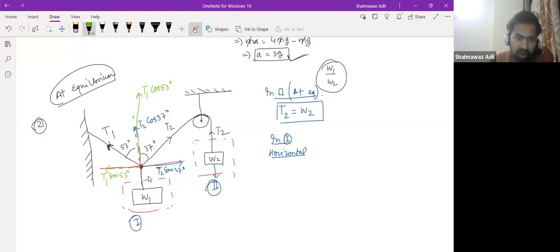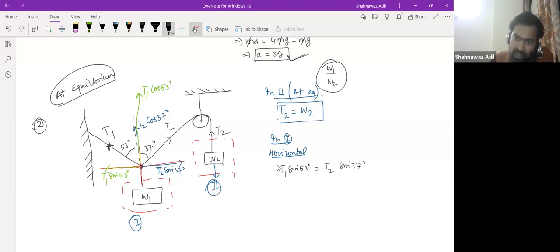In the horizontal direction, these parts are balancing. For the horizontal part, we have T1 sine 53, and this is equal to T2 sine 37.